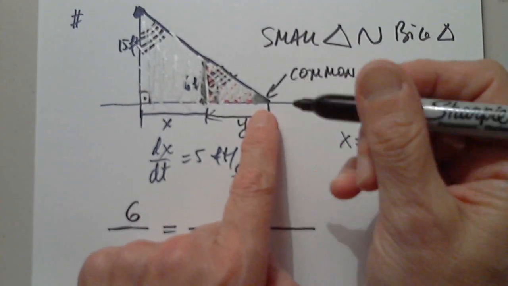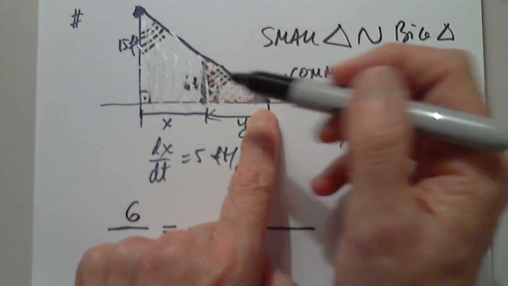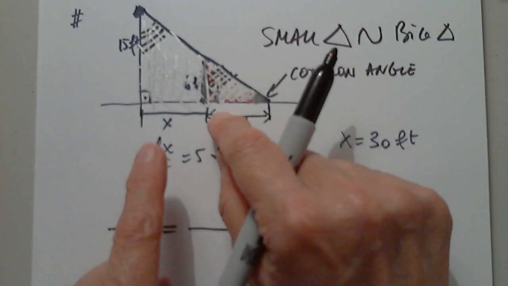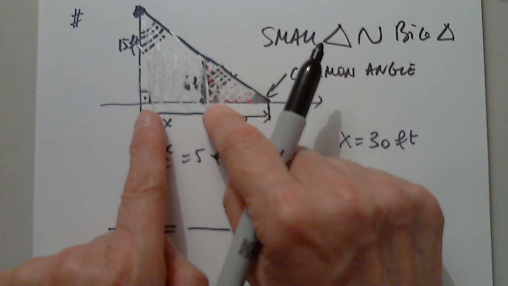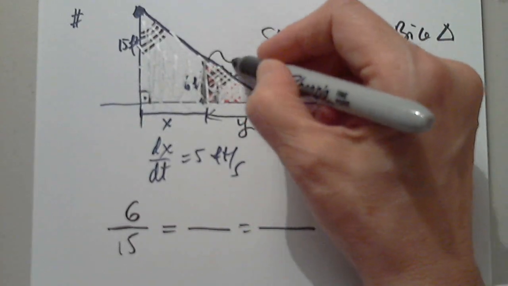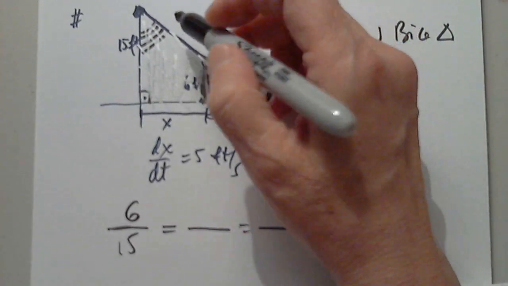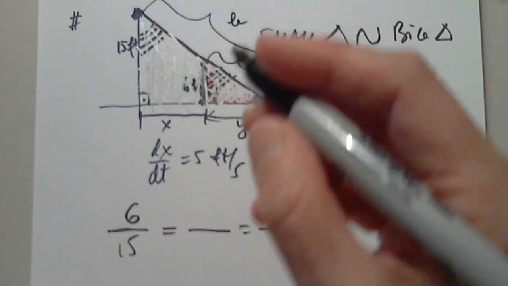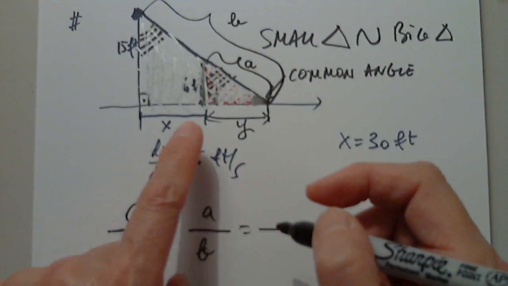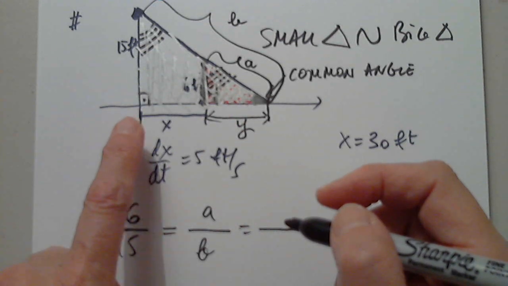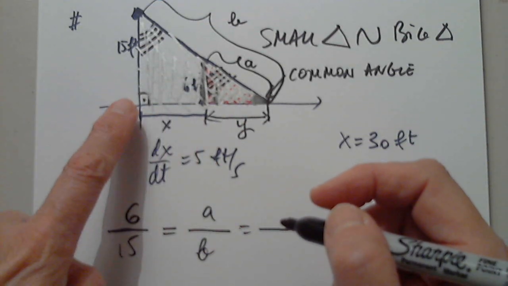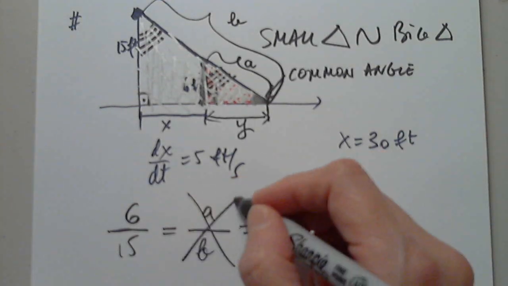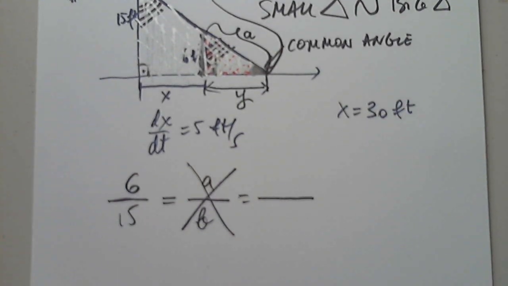It also has an opposite side in the big triangle, and that is 15 feet. Now, if I move on to the right angle, I'm not going to be able to write anything because I don't know anything about this, and I don't know anything about this. I'm going to call this A and this B, and it will be A over B. The opposite in the small triangle I meant to say, and the opposite in the big triangle. But I cannot use this because I don't have any measurements.